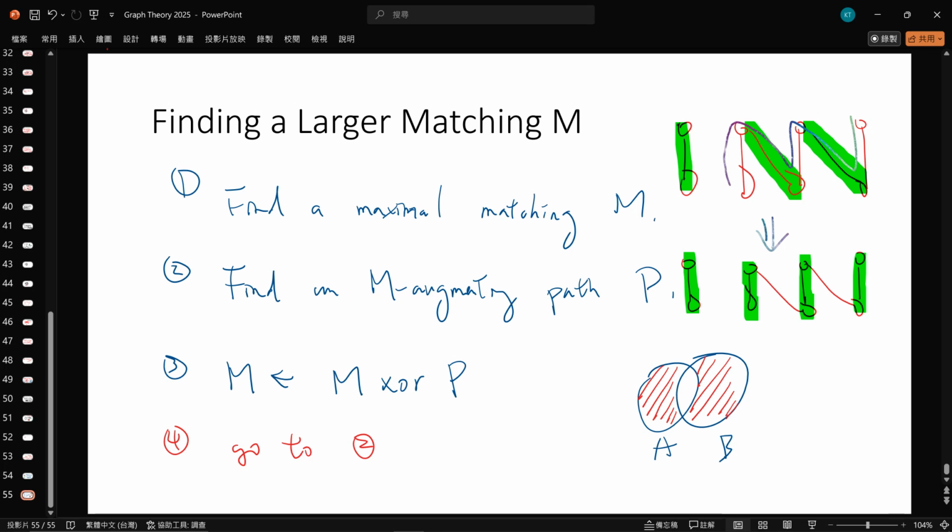Say the maximum matching has 3 edges, and your matching now has only 2 edges. Is it possible that you'll never find an M augmenting path? Because according to your algorithm, if you cannot find an M augmenting path, you cannot find a larger matching.